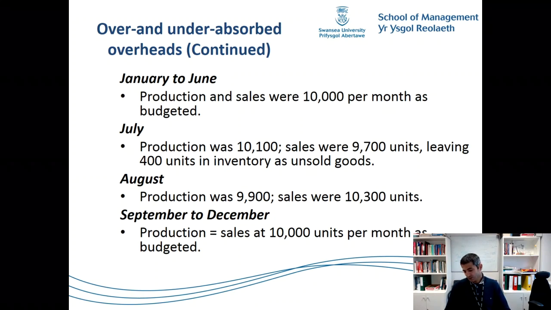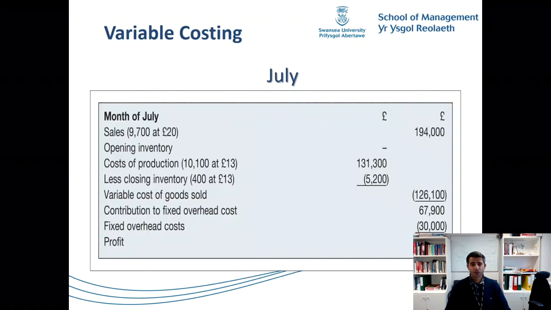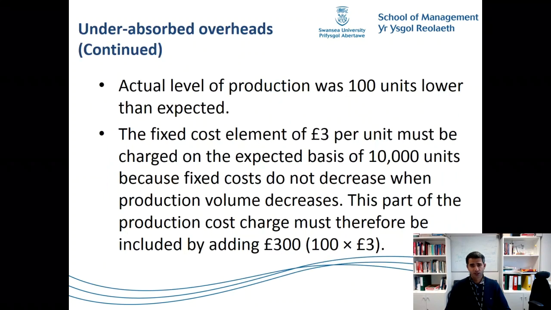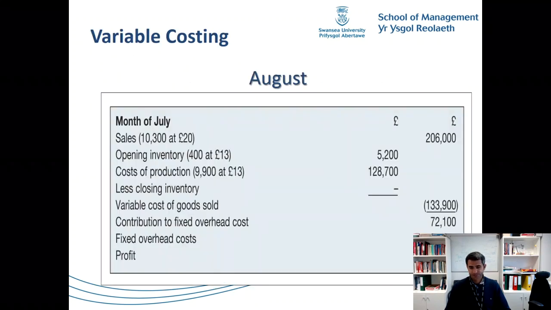So you expect from August that there is no closing inventory. If you add up the profit under absorption costing and under variable costing together, you should find that all of them are equal because there is no closing inventory.